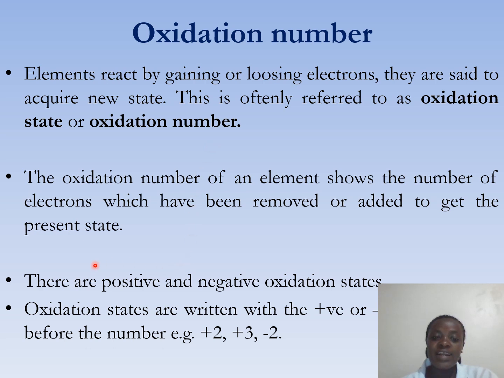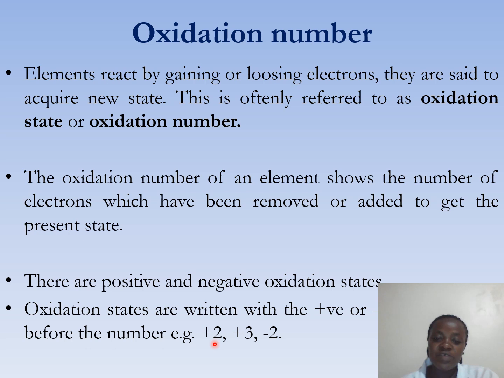Then there are positive and negative oxidation states. So it is either a positive or a negative oxidation number. And we say oxidation states are written with the positive or negative sign coming before the number. So this is the difference between oxidation number and valency. For valency, we do not indicate the sign, but for the oxidation number, the sign comes just before the number.